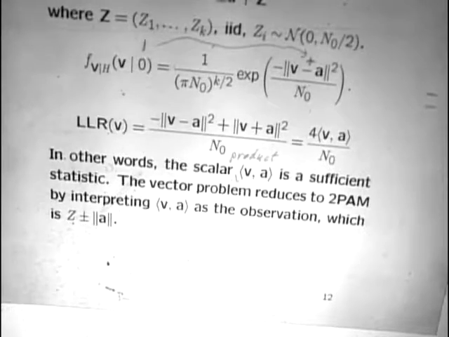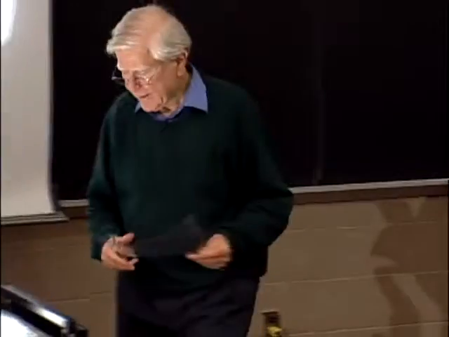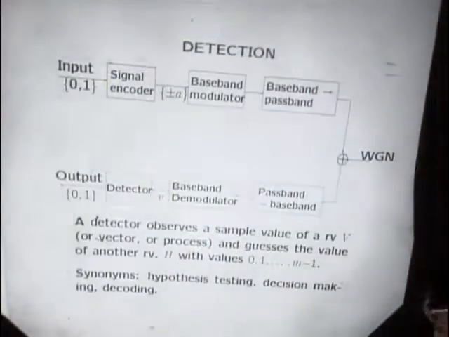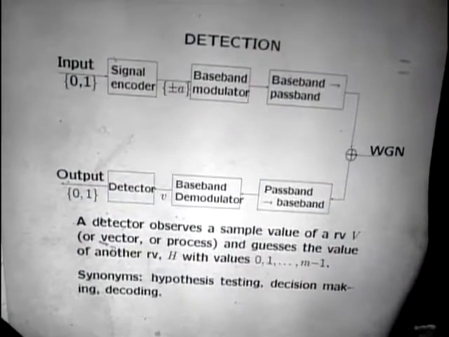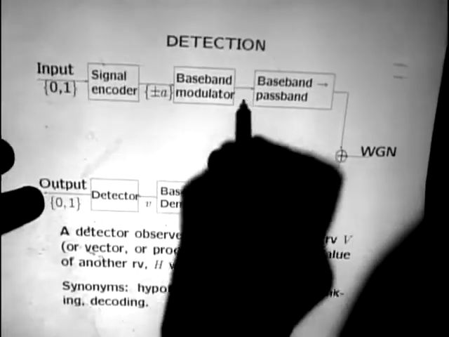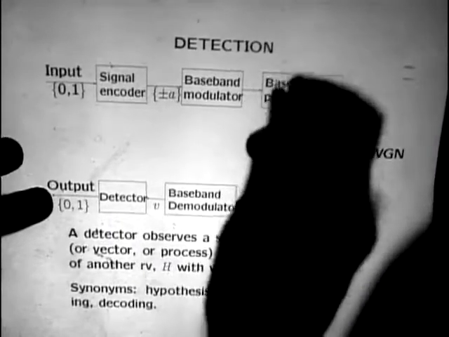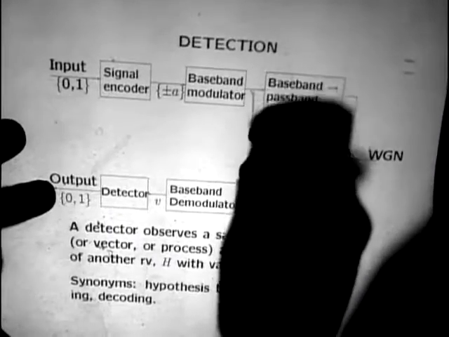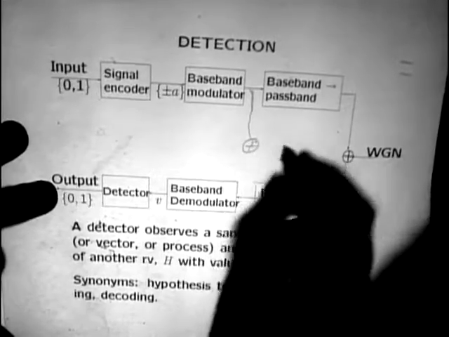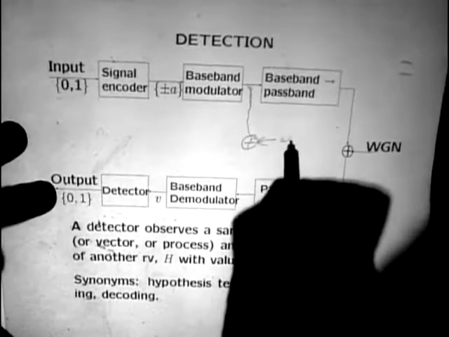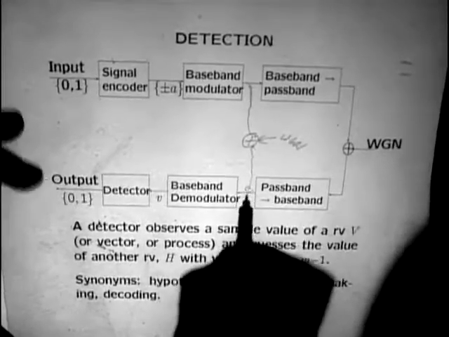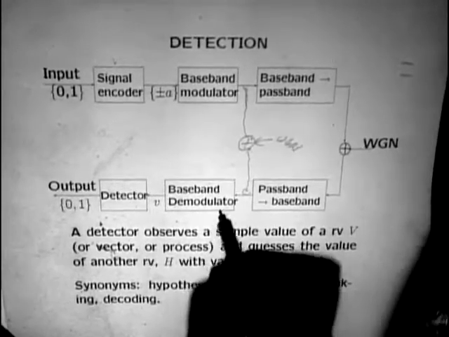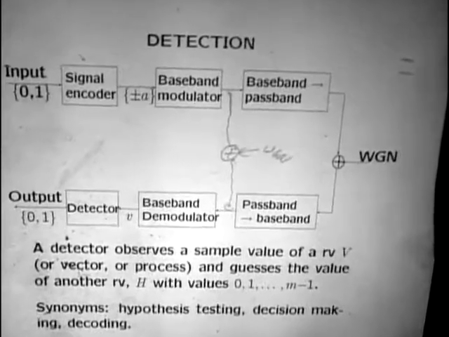Now, let's go back and look at what all of this was doing. For now, let's forget about the baseband to passband business. Let's just look at this part here, because it's a little easier to see this first. So this comes in here. Now remember what we were saying when we studied Nyquist.